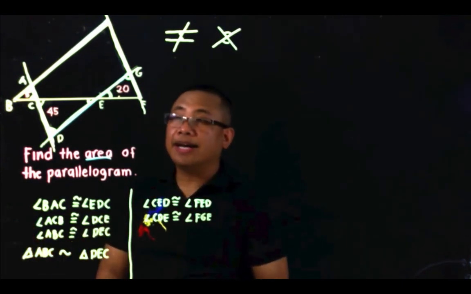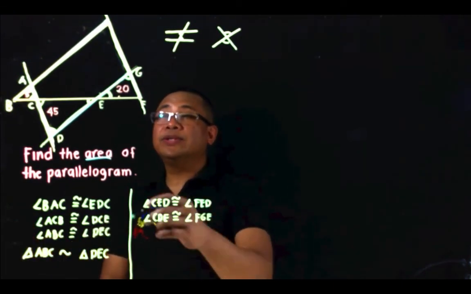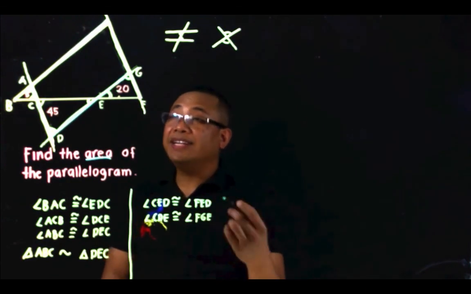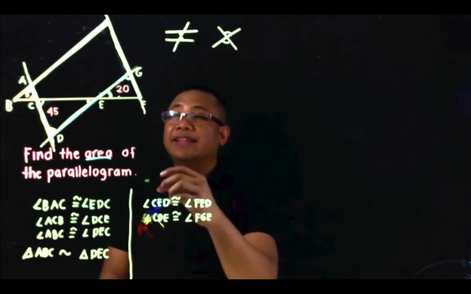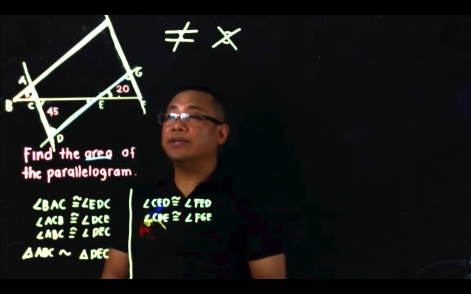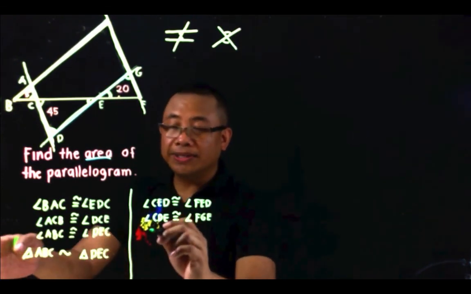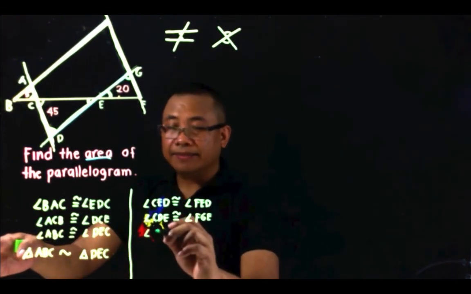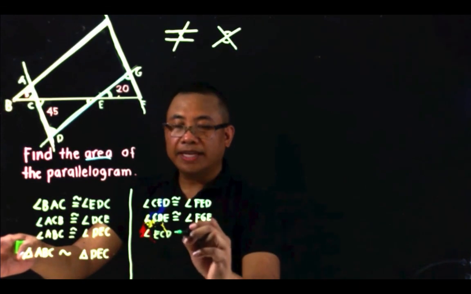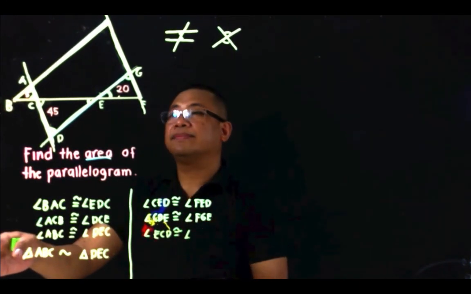And when two angles of a triangle are congruent to two angles of another triangle, then their third angles are also congruent. So we can now conclude that angle ECD is also congruent to angle EFG.